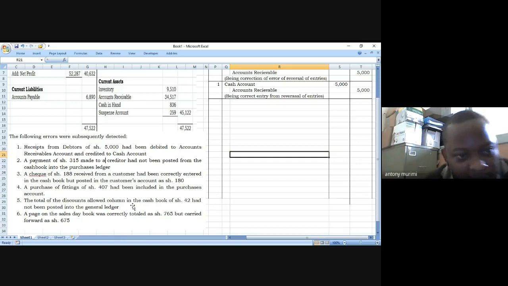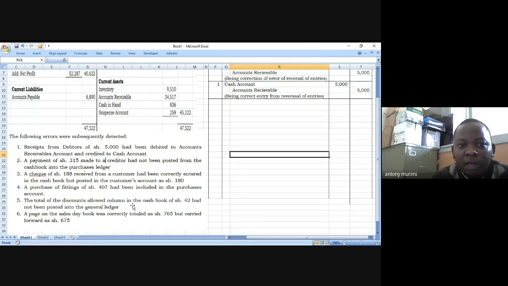So when a payment is made to a creditor, the correct entry should be you debit the creditor's account and then you credit cash. So you credit cash with a decrease in cash account, you debit the creditor with a decrease in the liability. So in this case, the problem is that the entry was not posted in the purchases account.